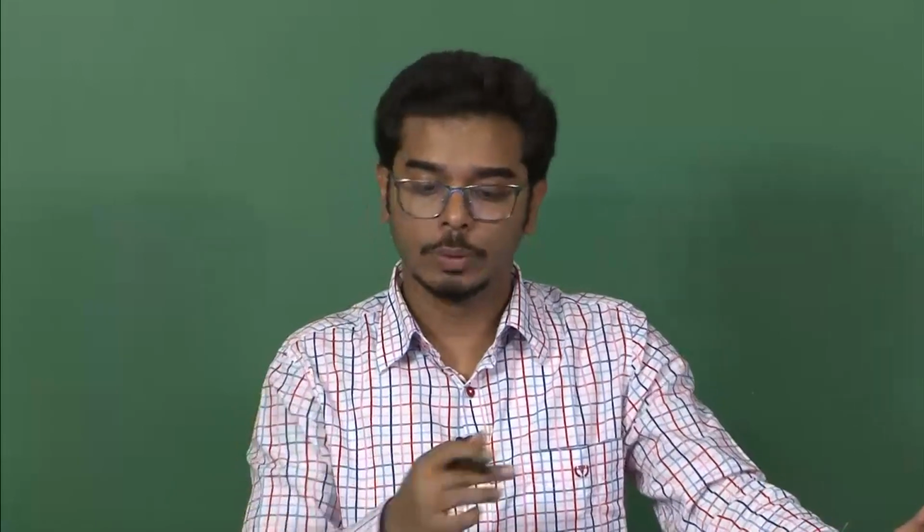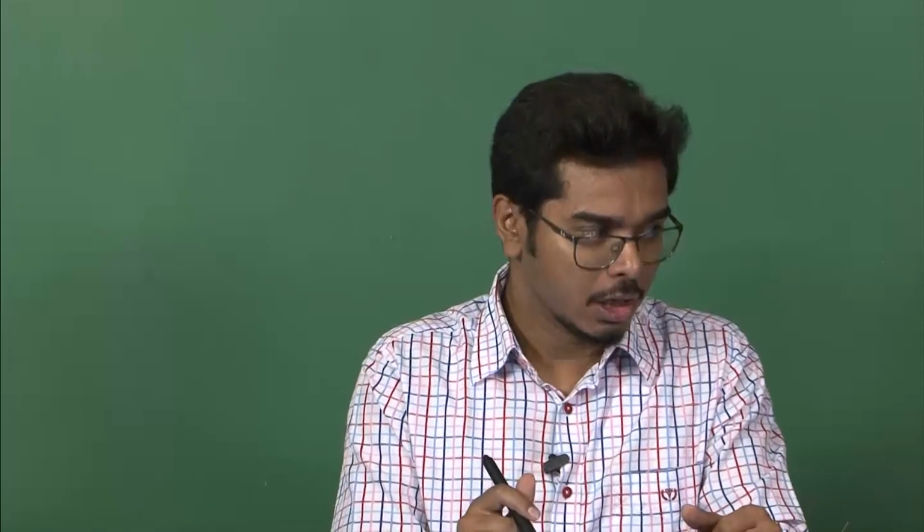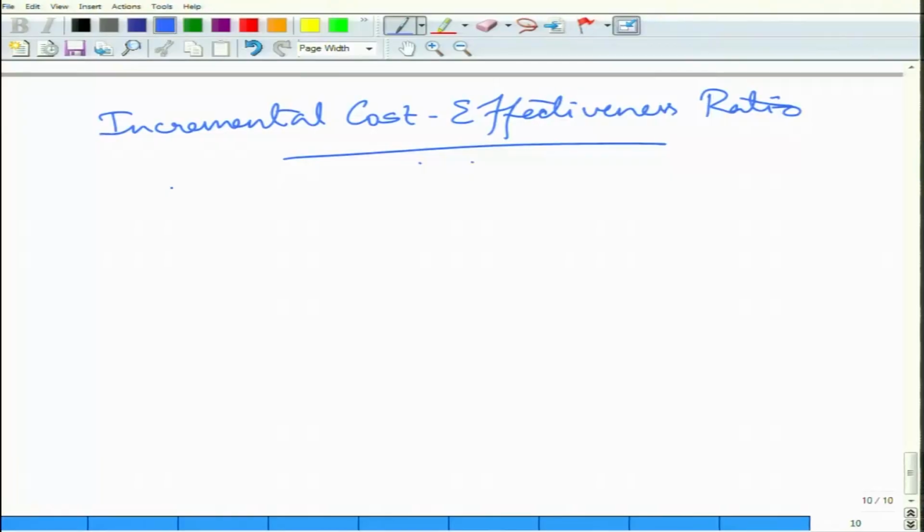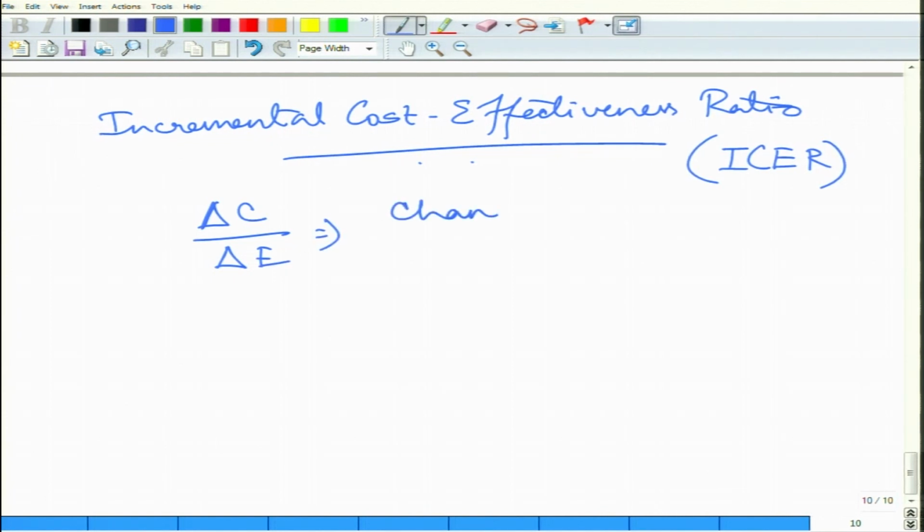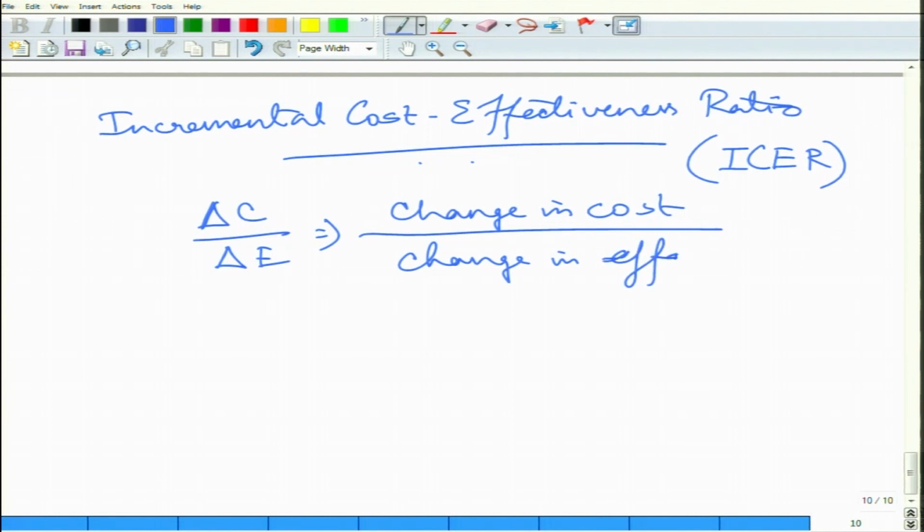So here, incremental cost effectiveness ratio, cost and then effectiveness, we can call it ICER. It is delta C by delta E. Delta C is the change in cost, or percentage change in cost, and delta E is the change in effectiveness. So, to bring one unit change in effectiveness, how much cost am I incurring?